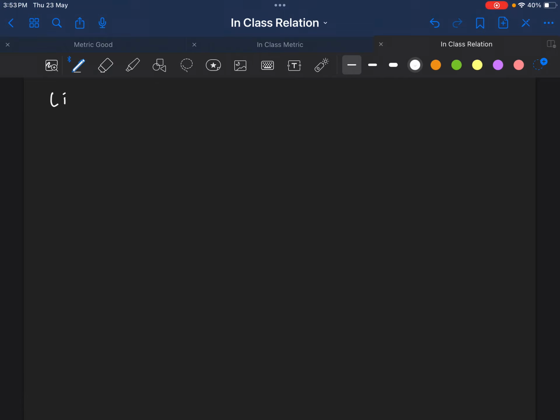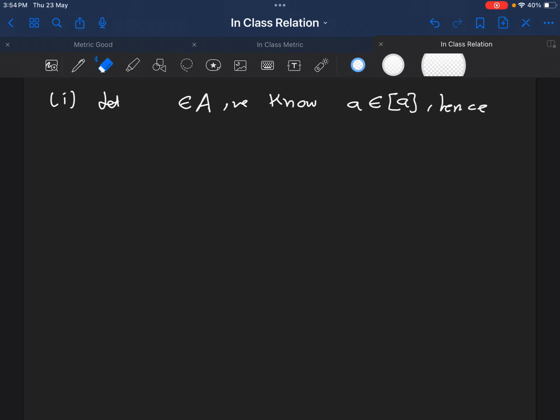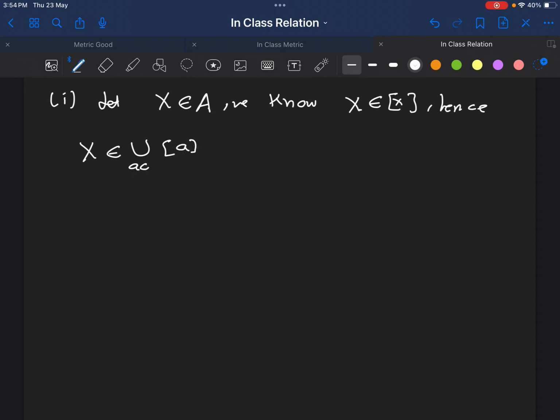So for the first one, what we are going to do, we will take any A in A, and we know that A must be one element of the equivalence class of A. Hence, or let's say I'll just change it to X. I will tell you why I change it to X in a minute. Just keep X. Hence, X is in the union of all equivalence classes.